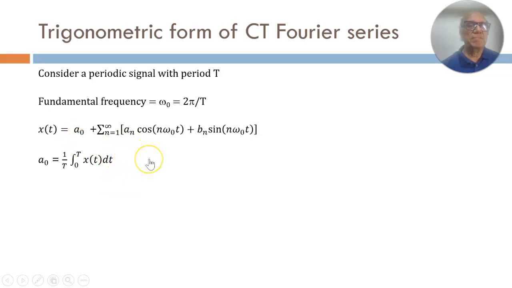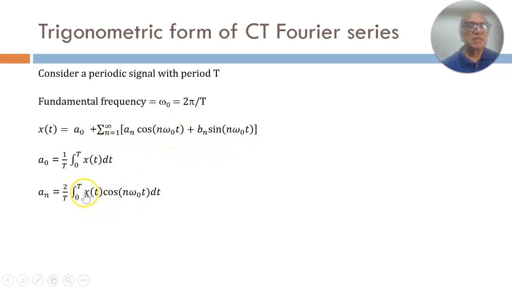What about an? an can be calculated by performing this integration. And what does it involve? You take x(t), and of course x(t) is known over one time period. Understand that this expression for x(t) is valid for any time.